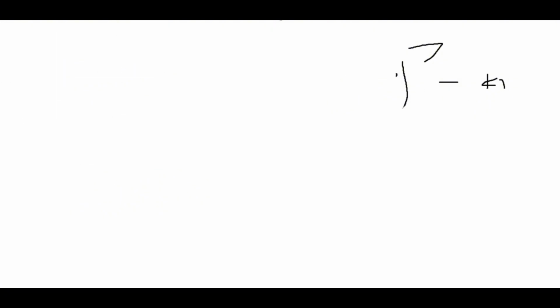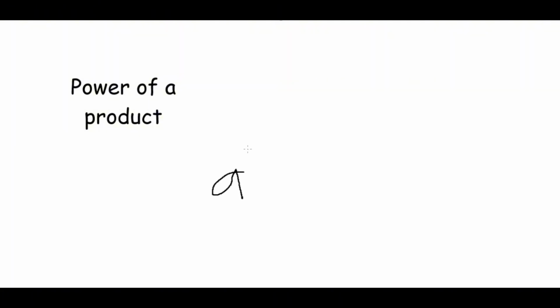And then we'll move on to our third one, which is the power of a product. Our power of a product will be shown as a times b. Now this is our product, and we'll put it to a power of something like 4. Now we'll distribute our 4 using the concept of a power of a power.